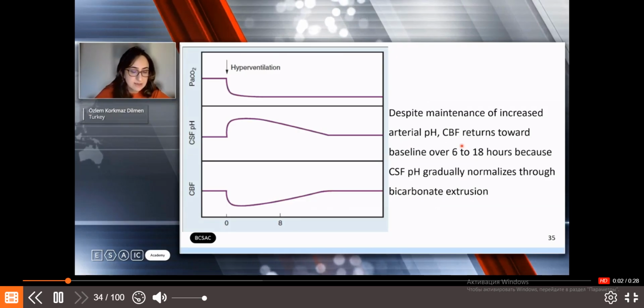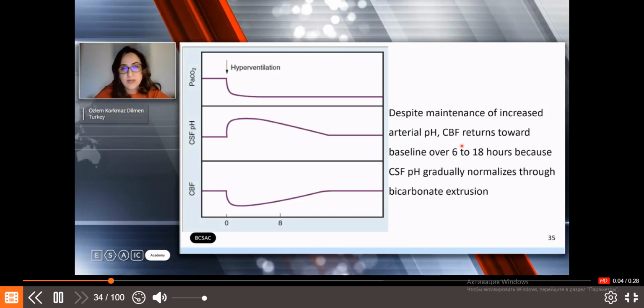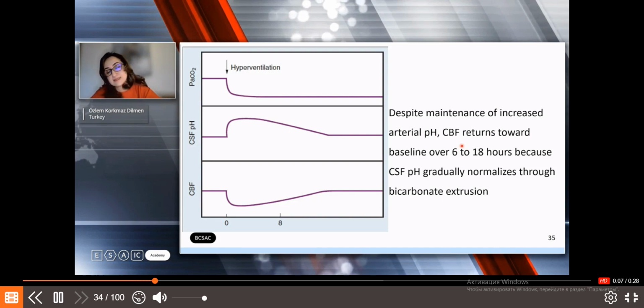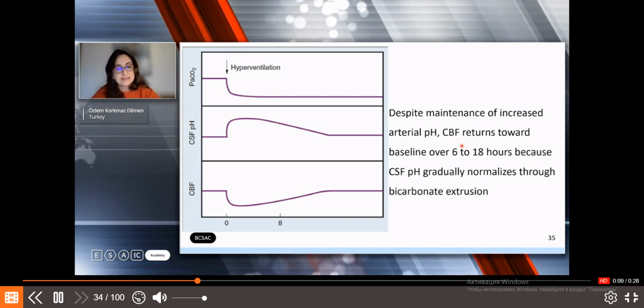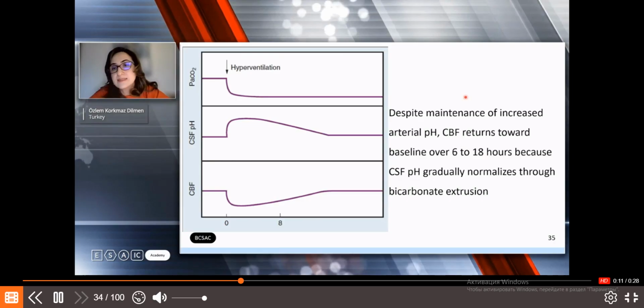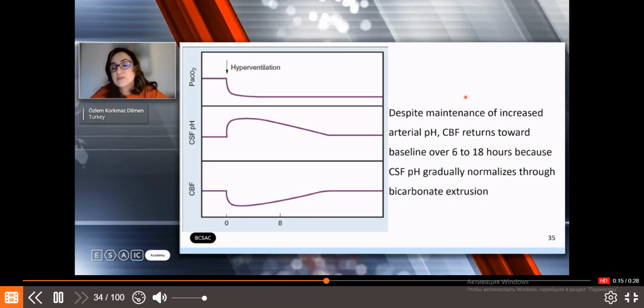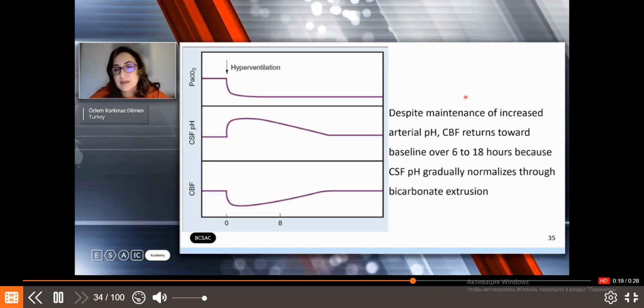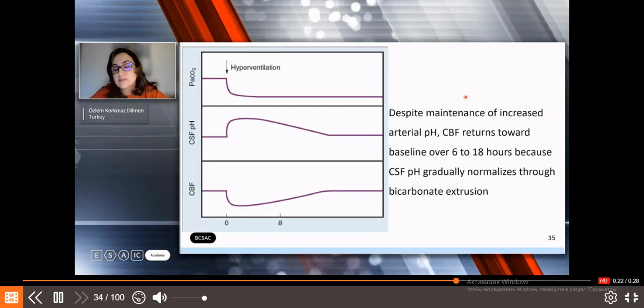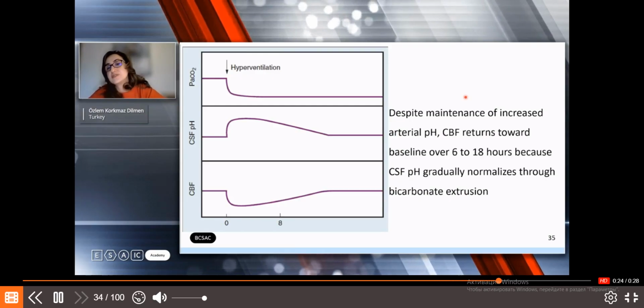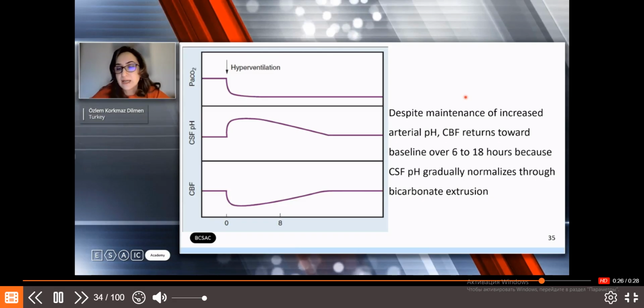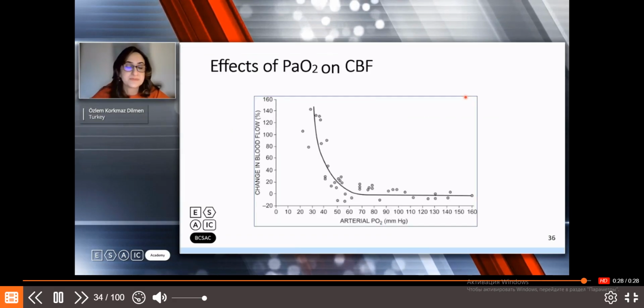Although changes to cerebral blood flow induced by PCO2 are rapid, they are not sustained. Despite maintenance of arterial pH, cerebral blood flow returns to baseline over 6 to 18 hours as the CSF pH gradually normalizes through bicarbonate extrusion.